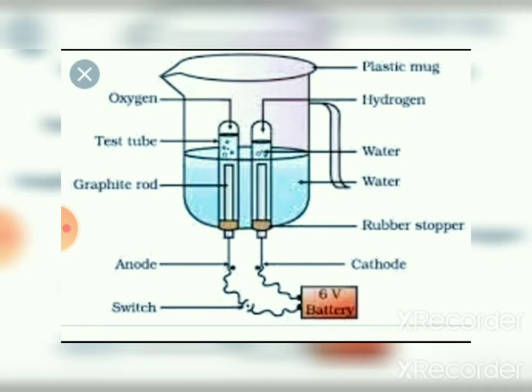The volume of hydrogen collected is actually double the volume of oxygen, since the volume ratio is 2:1 according to the balanced equation representing the decomposition of water. That is, 2H2O gives 2H2 plus O2.